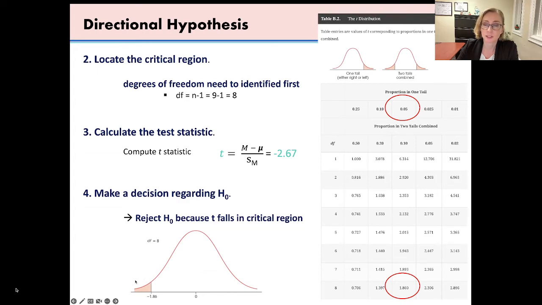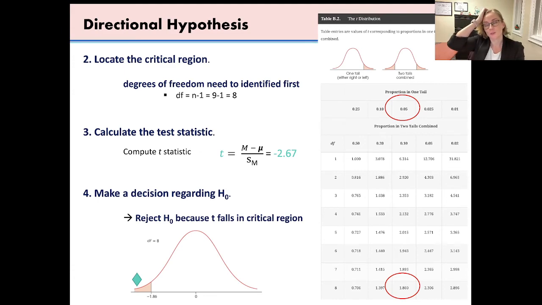So you're actually looking for a negative number here, right? This is an absolute value, so it can be negative or positive because it's symmetrical. You're either up here or down here. So for degrees of freedom of 8, that t distribution, you have to basically beat the 1.86, and with 2.67, we are definitely there. We're going to be somewhere down here. So even with this directional hypothesis, we also reject it.